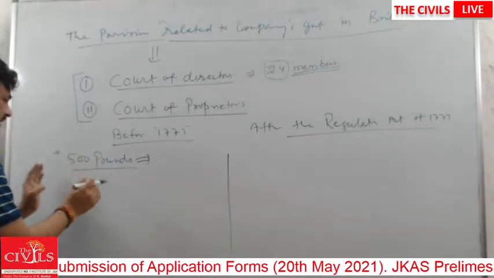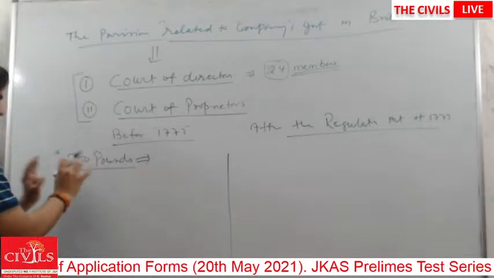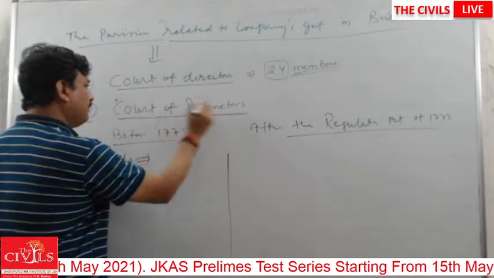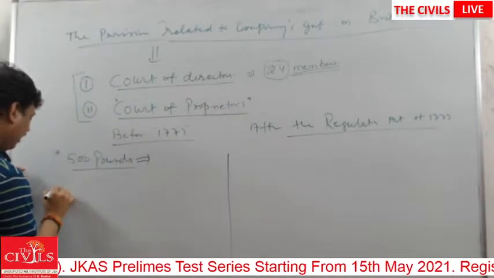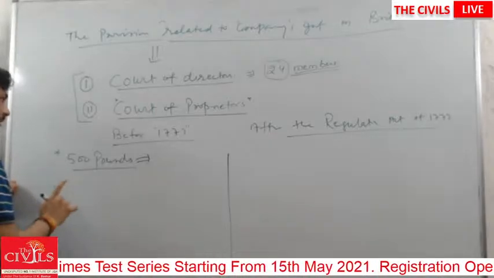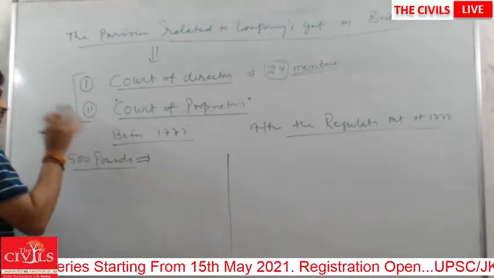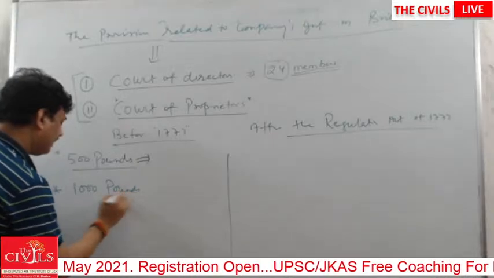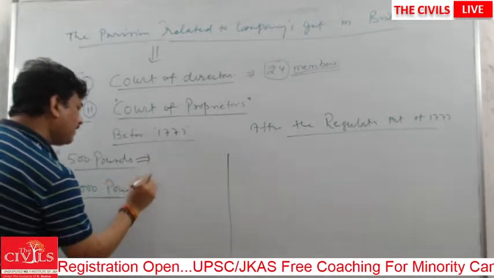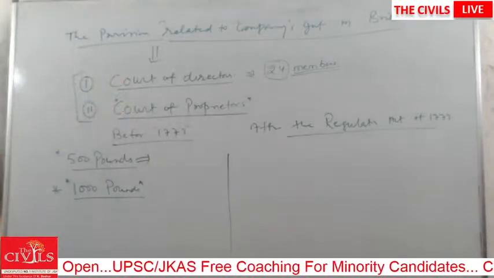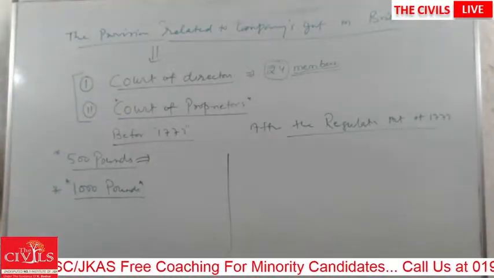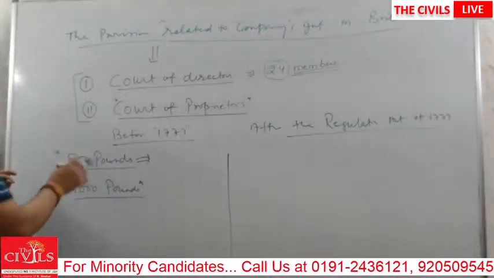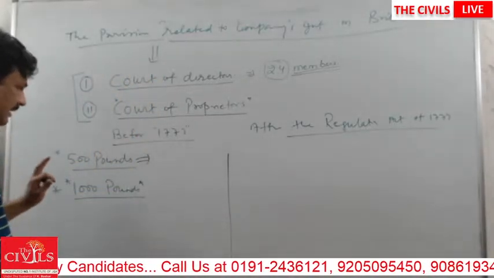It means all those shareholders holding 500 pounds had a right to vote in the Court of Proprietors, and the shareholders holding shares of 1000 pounds were eligible to be members of the Court of Directors, eligible for the post of directors. I hope it is clear.